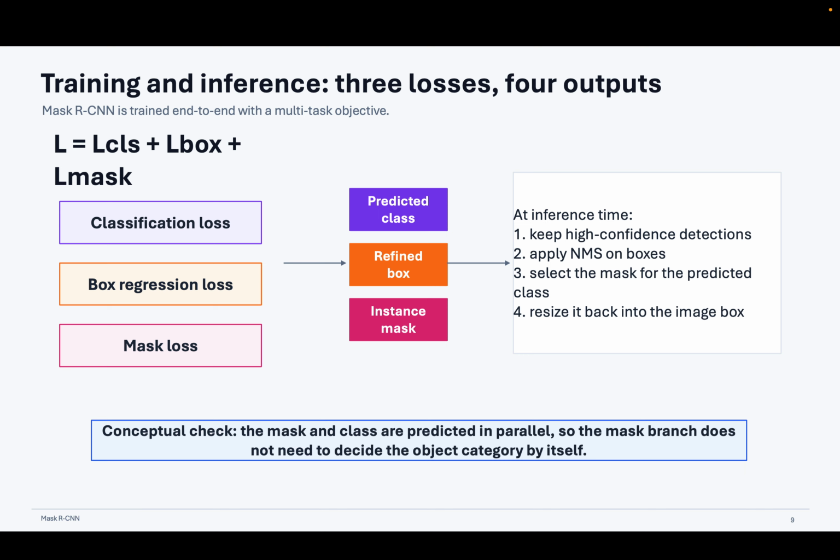At inference time, the model keeps high-confidence detections and applies a filtering step, such as non-maximum suppression. It selects the mask corresponding to the predicted class and resizes that mask back into the bounding box position in the original image. A useful conceptual check is that the class and the mask are predicted in parallel. The mask branch does not need to detect the category by itself.